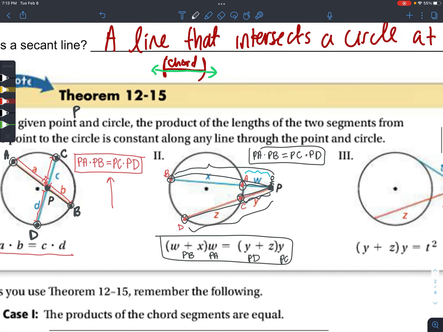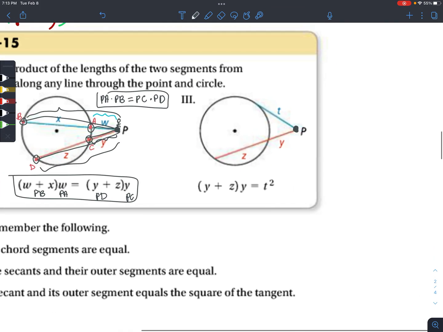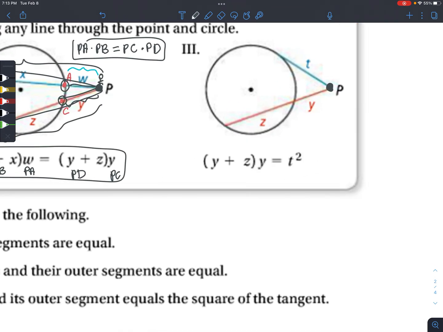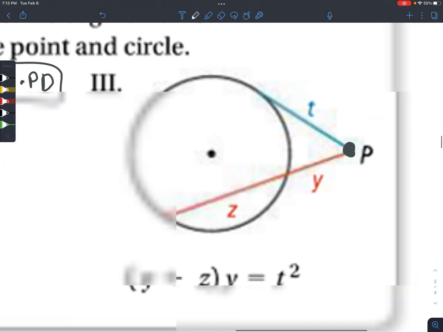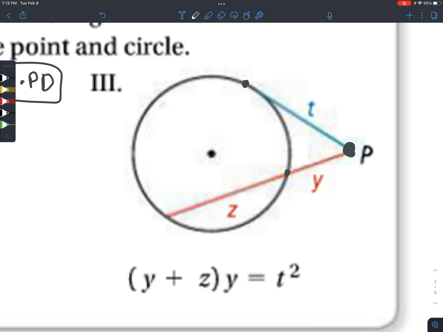And it's an interesting relationship, but it even works with this last one. So the theme is you can work with these equations like they are in the picture, but if we get used to labeling, we can use this formula every time. Okay, so this one's a little weird because we do only have 3 points.